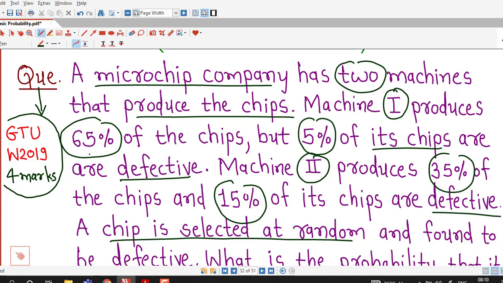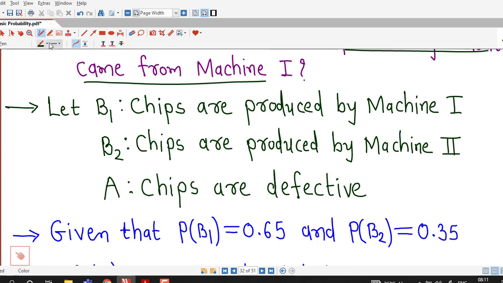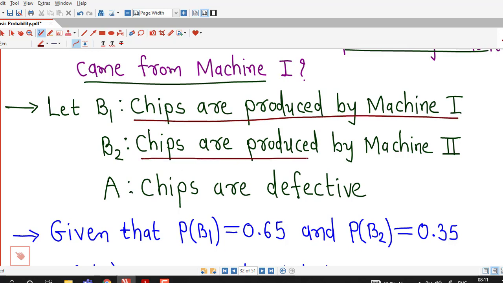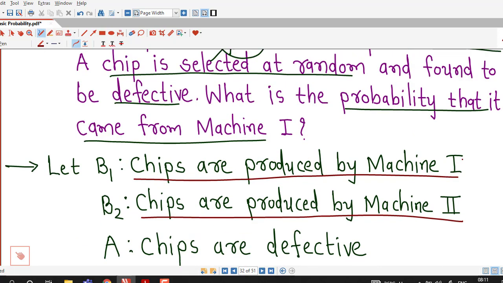So we can assume two events: one event is that chips are produced by machine 1, another is that chips are produced by machine 2, and we can assume one more event as chips are defective. Suppose B1 is the event that chips are produced by machine 1 and B2 denotes the event that chips are produced by machine 2.